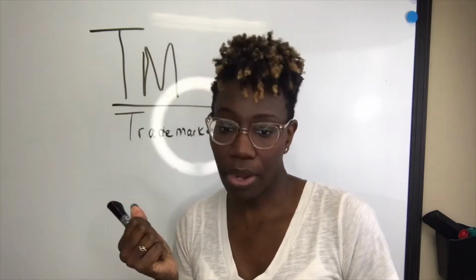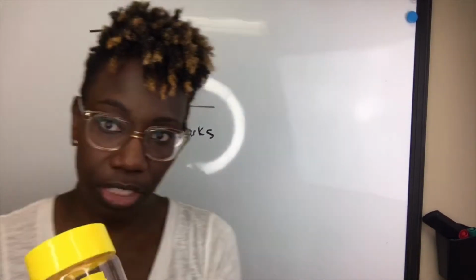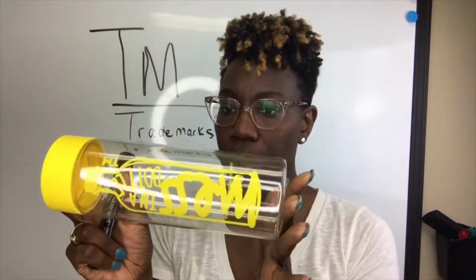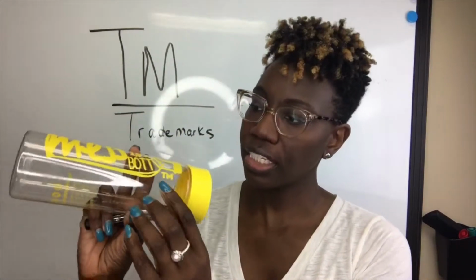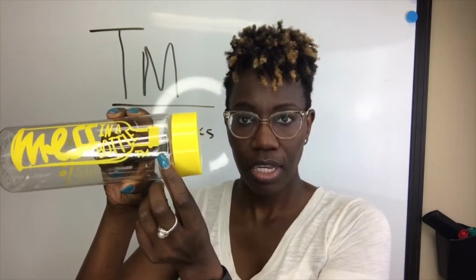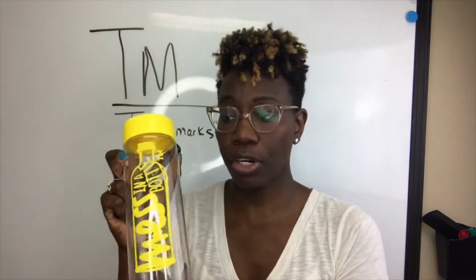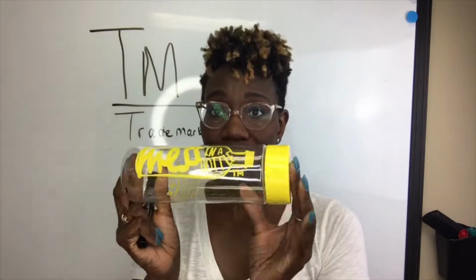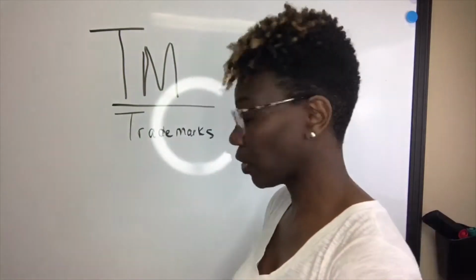So when we talk about goods, I'll grab this example. I just saw this in my supply closet. This is a bottle from Mess in the Bottle. She sells t-shirts, so she has a TM. If you guys can see that, she has a TM next to her logo to represent her common law trademark. Because this is a good, that is the proper use of TM. So that's that one.